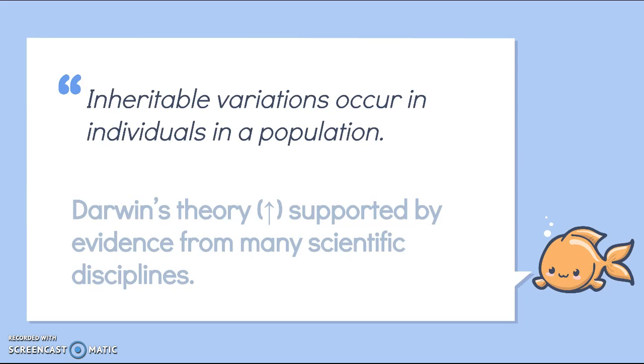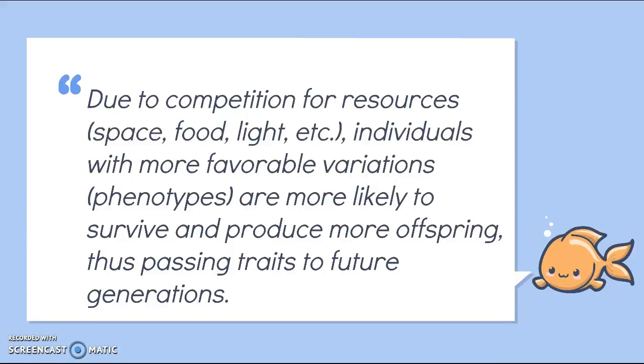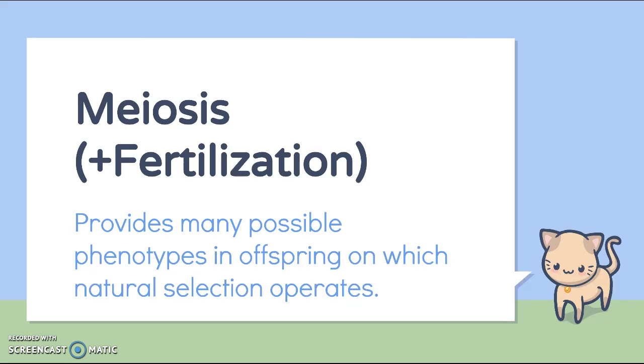Of course, Darwin's theory is now supported by evidence from many scientific disciplines, but we've kind of refined that theory a little bit. And Darwin also said that due to competition for resources like space or food or light or whatever, individuals with more favorable variations or more favorable phenotypes are more likely to survive and produce more offspring, thus passing on traits to future generations. So that's the simple idea of what he said.